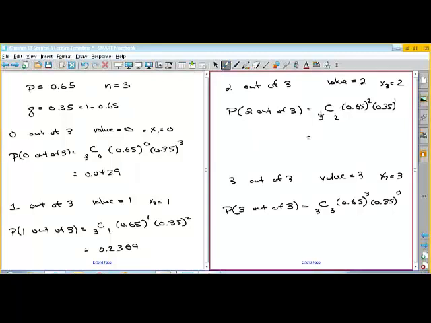If this number is always 1 less than this, then it's the value here. So this is 3 again. So we're going to take 3 times 0.65 squared times 0.35, which is 0.4436.